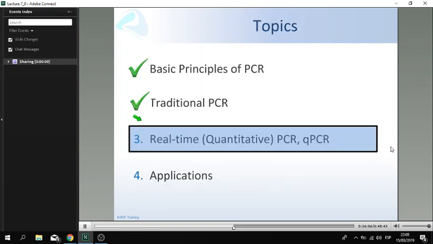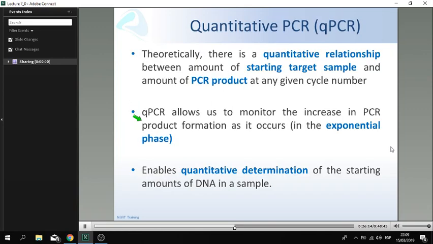And the answer is yes. This is where real-time PCR, or quantitative PCR, or qPCR, comes in. Quantitative PCR uses this theoretical quantitative relationship between the amount of starting material and the amount of PCR product at different cycle numbers.